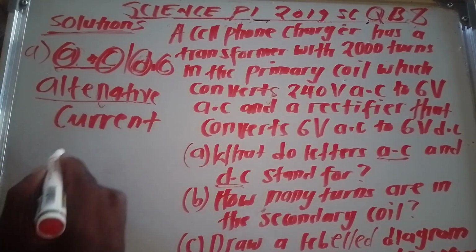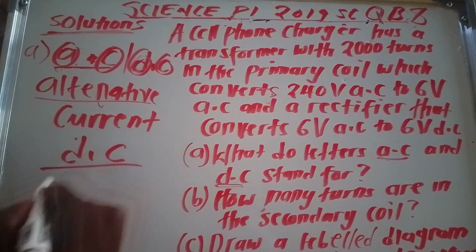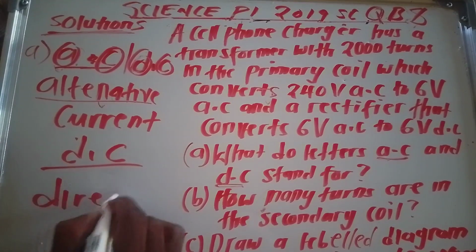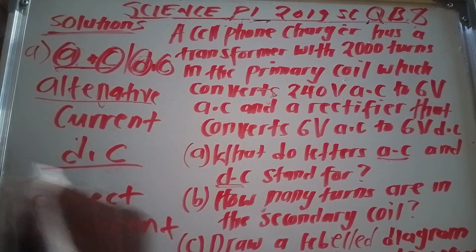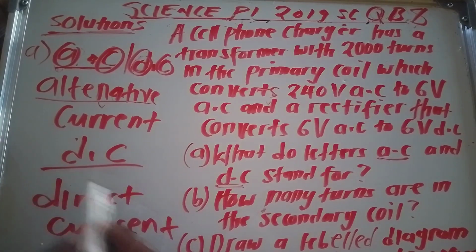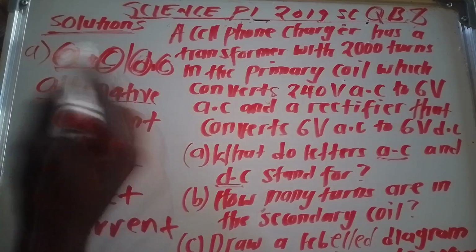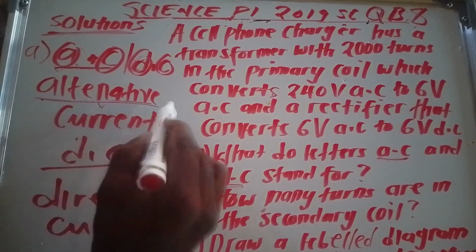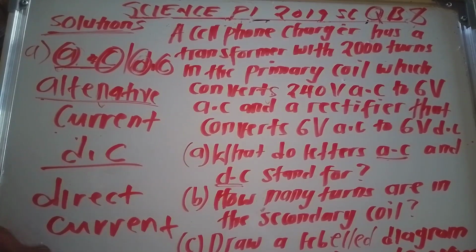But what about DC? When you talk of DC, we are talking about direct current. So these are what the two letters stand for. AC is alternating current, the current which changes direction many times in a second.